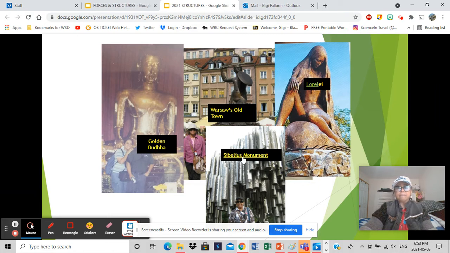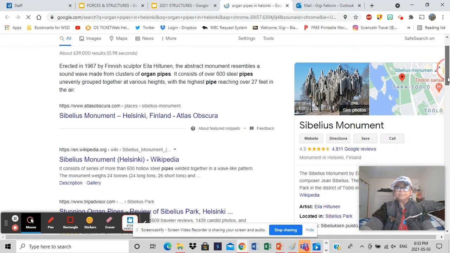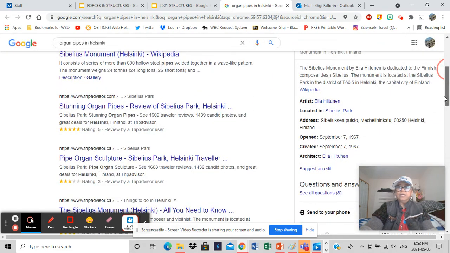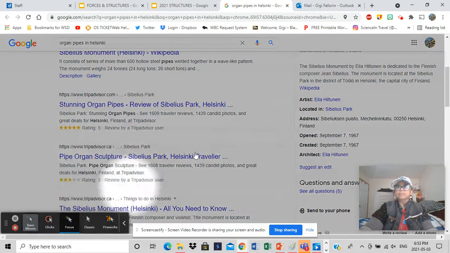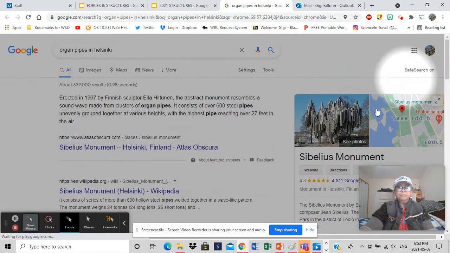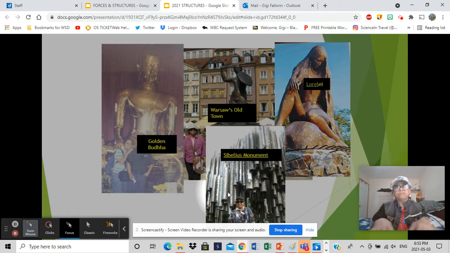So what else do we have here? The Sibelius Monument. And this is in, any idea, people? Yes, this is in Helsinki, the capital of Finland. When you get to the place, think of organ pipes that can play wonderful music.